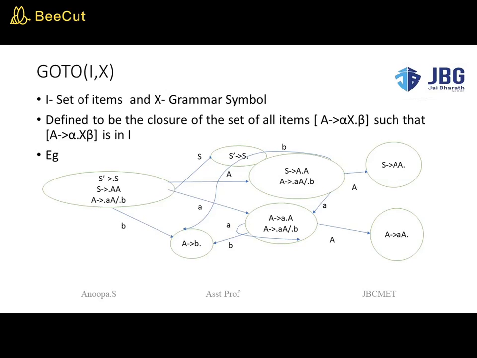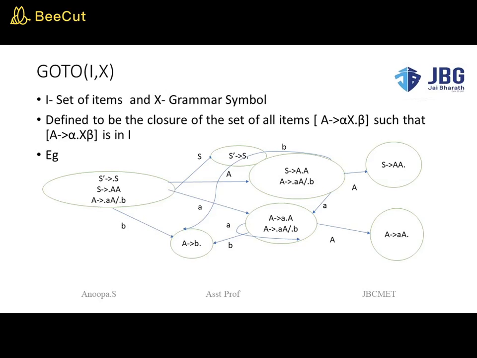So for computing Goto, what you have to do is take each and every production and shift that dot operator one to the right. So if you take the first production S' giving .S and shift the dot operator once to the right, what do you get?